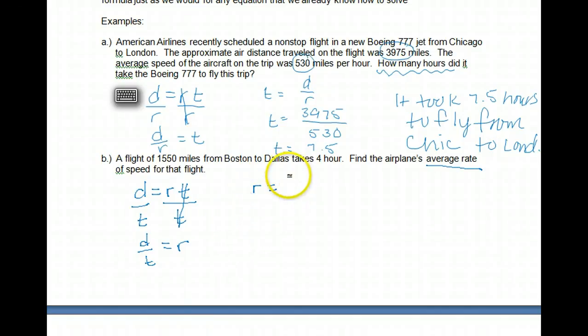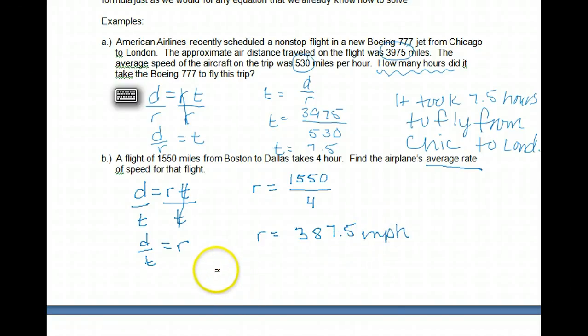So distance was 1,550 miles. Time was 4 hours. And now all we have to do is a simple division. When you plug that in, you should get 387.5 miles per hour.